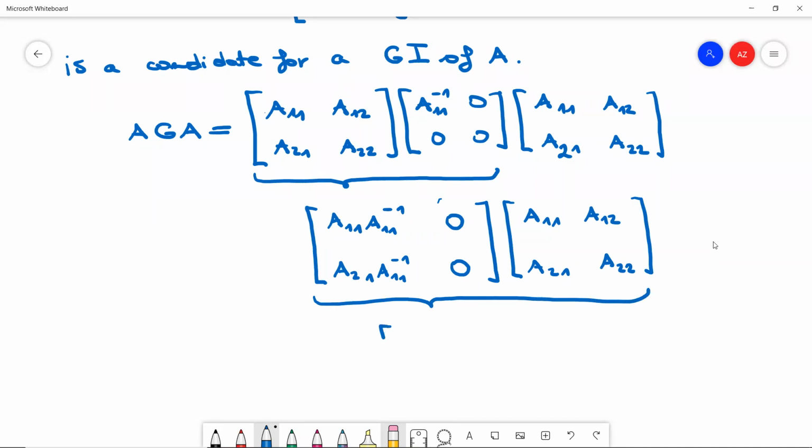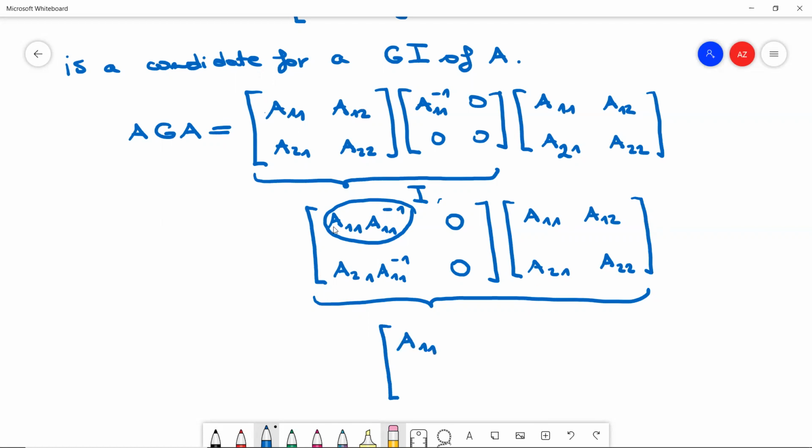So again, in the first row, we can already notice that this is identity because we have A11 times the inverse of A11, so this is identity. So when we calculate first row times first column, we get A11.